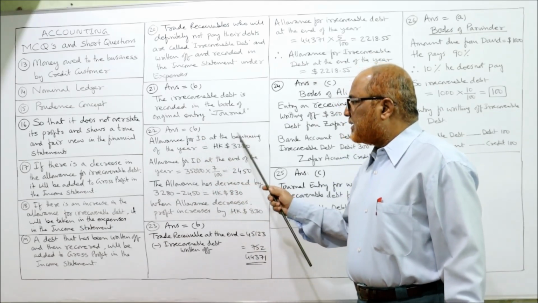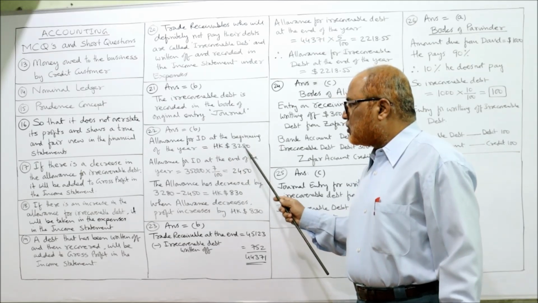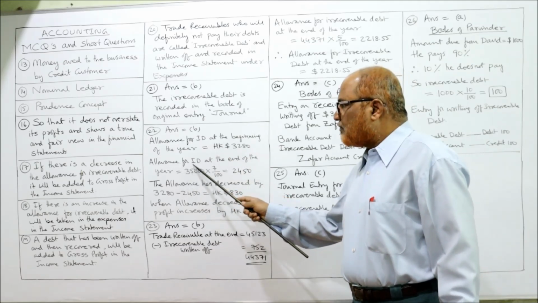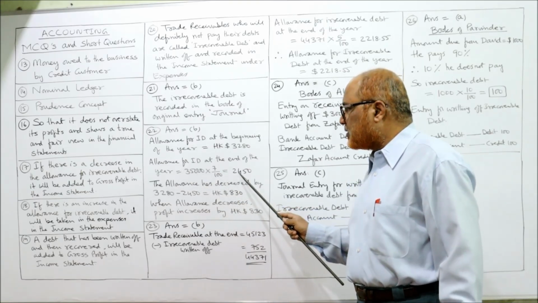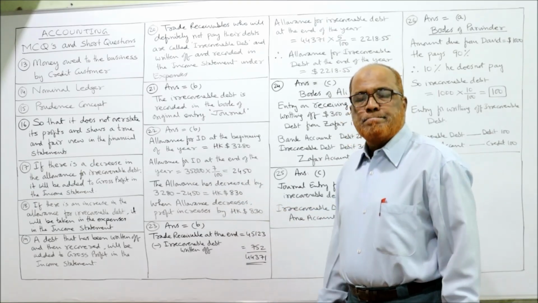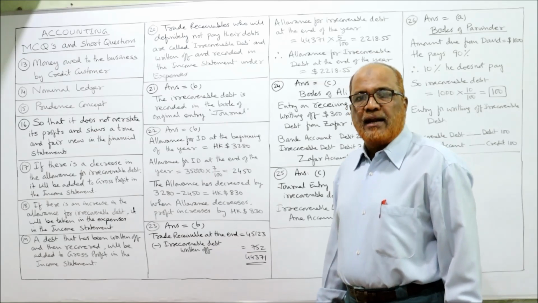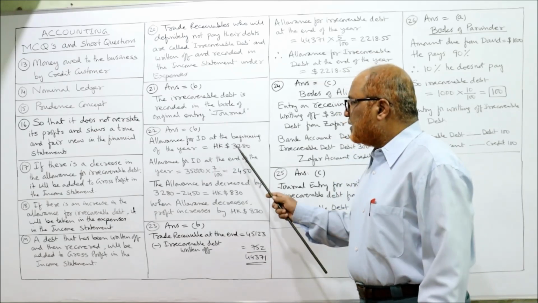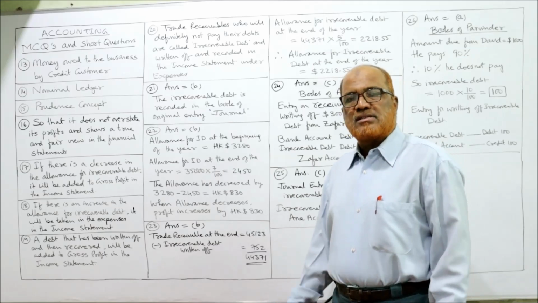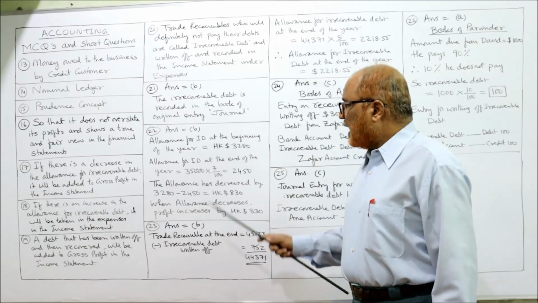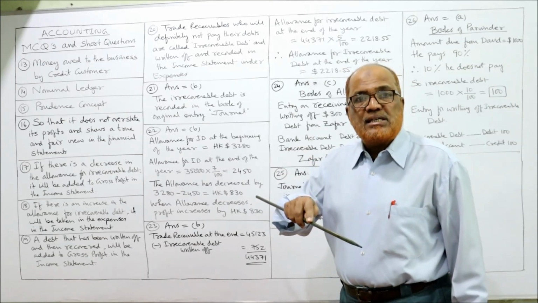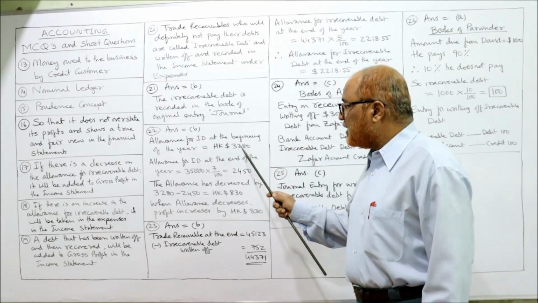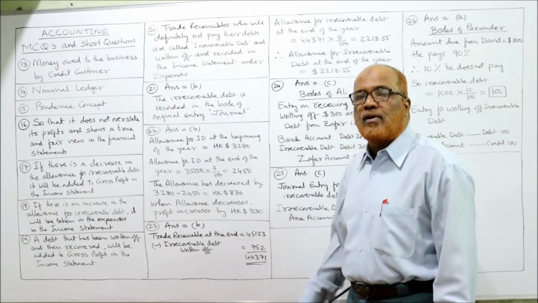Allowance for irrecoverable debt at the beginning of the year is Hong Kong dollar 3,280. At the end of the year, it is 35,000 into 7 by 100, which is 2,450. Comparing beginning and ending, the allowance has come down from 3,280 to 2,450.